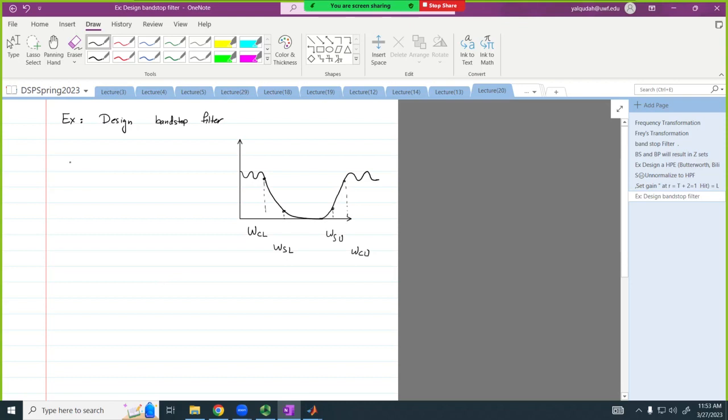And for this filter, the sampling frequency is 5 kilohertz, and we have a ripple that is equal to 1 dB.